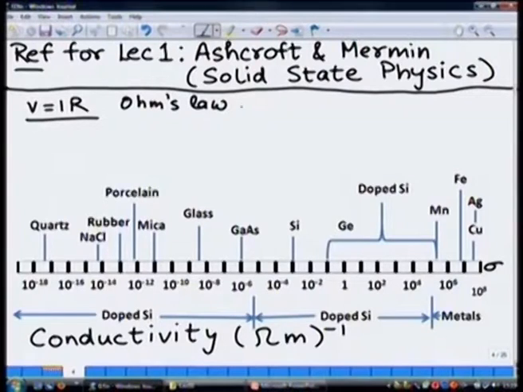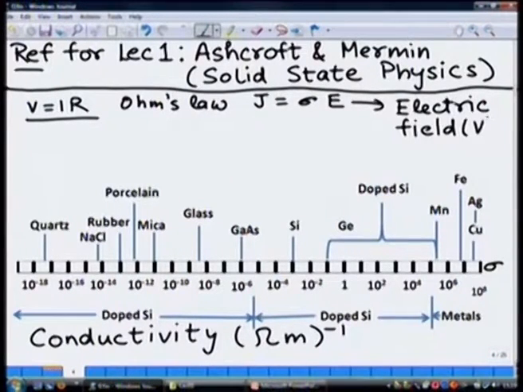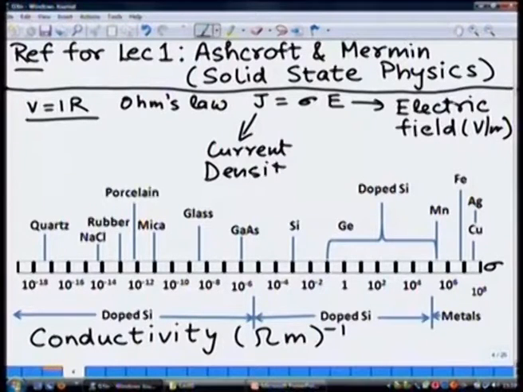The same thing we can write in form of current density, in which case I will write this whole thing as J equal to sigma E, E being the electric field, in volts per meter, let us say. This is the current density, let us say in amperes per meter square.